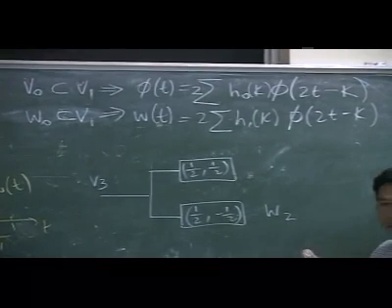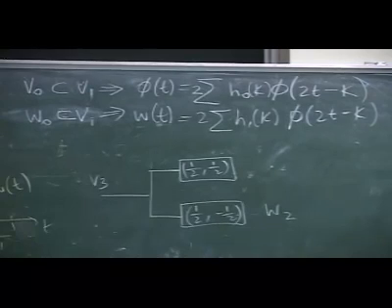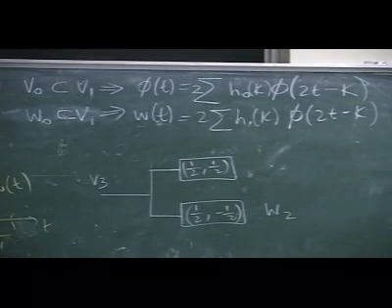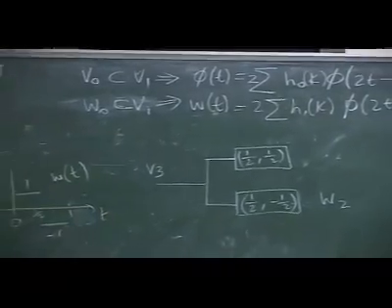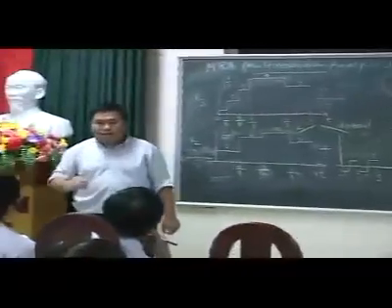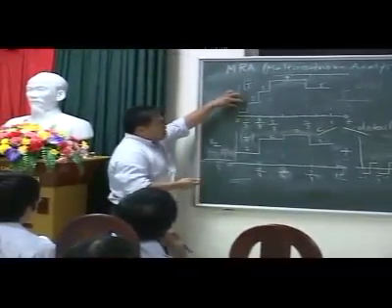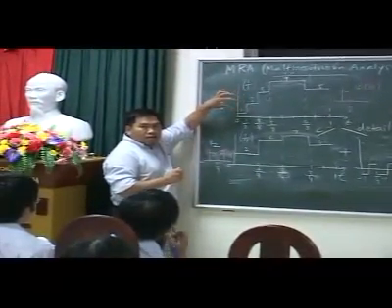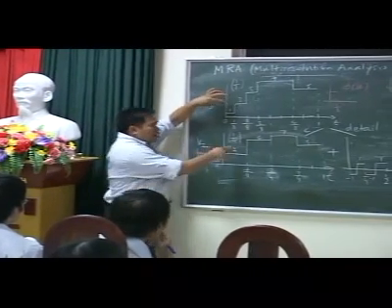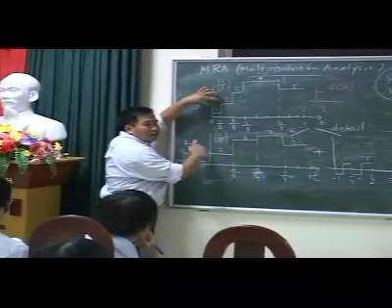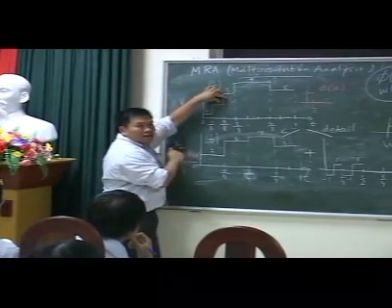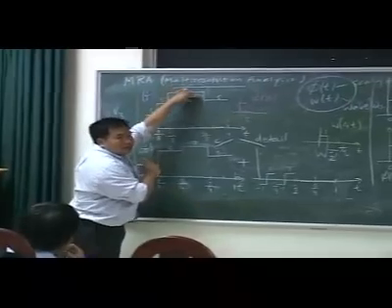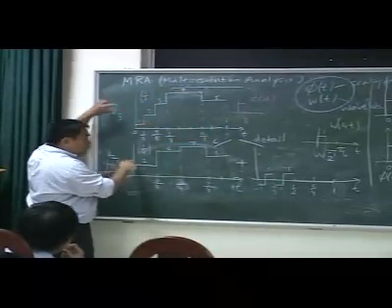You have to downsample. Why do you downsample? Where is downsampling over here? I never downsample. Or did I? What would be the output here if you don't downsample? I have 2, 4, 6, 7, 7, and so on. I'm not doing it for every coefficient.